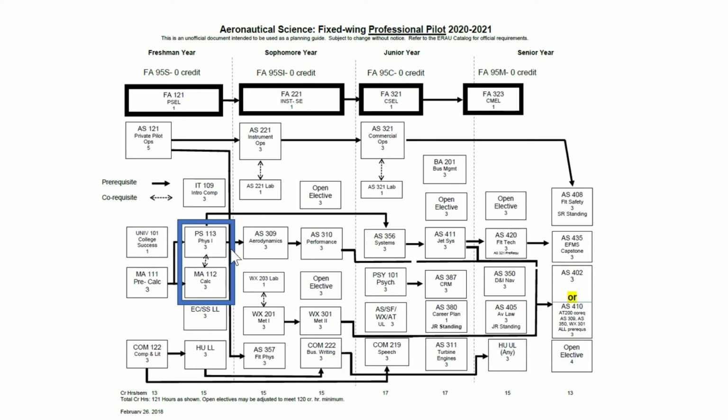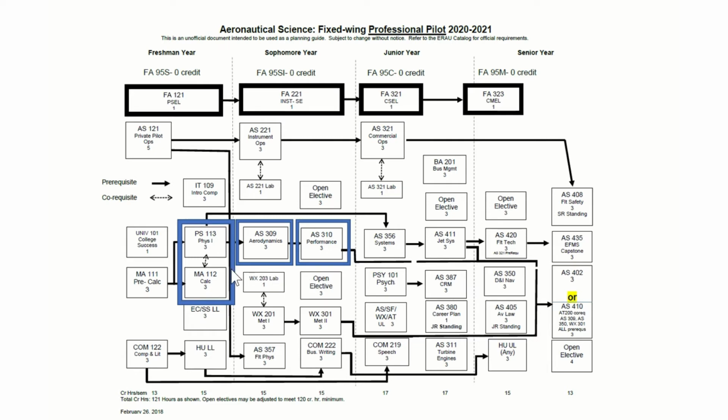The reason for that is your Capstone Flow right down the middle. We want to be sure that you're taking all your classes and being aware of the prereqs. You're not able to take AS 309 and AS 310 at the same time because 309 is a prereq to 310, so you do have to do these in separate semesters.